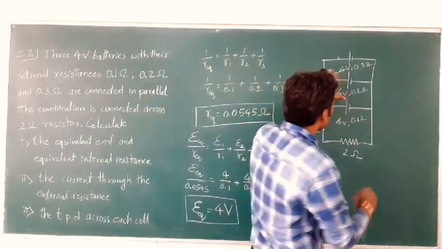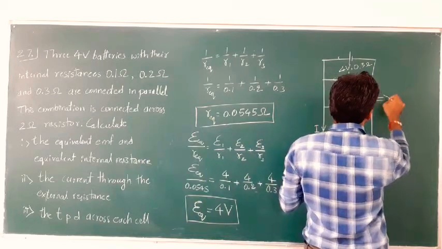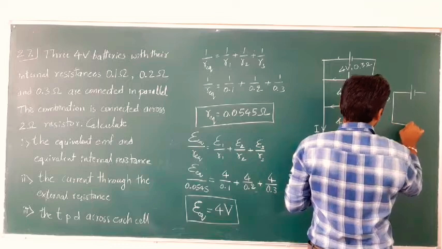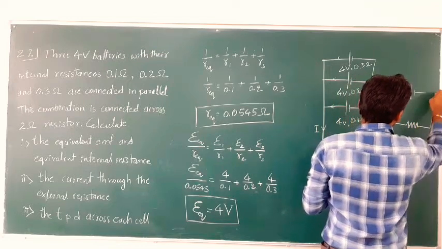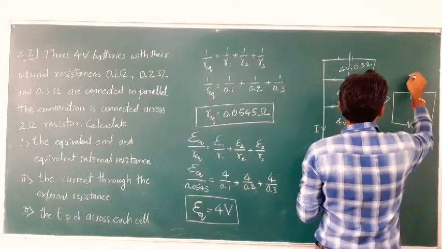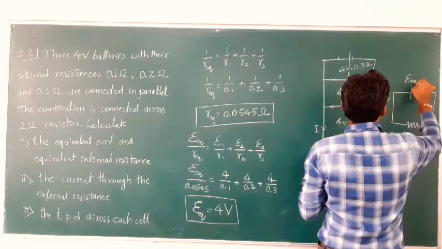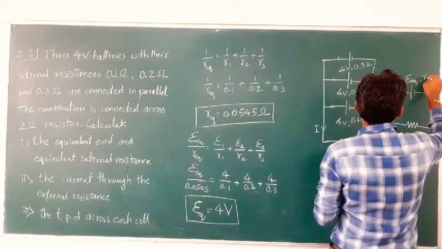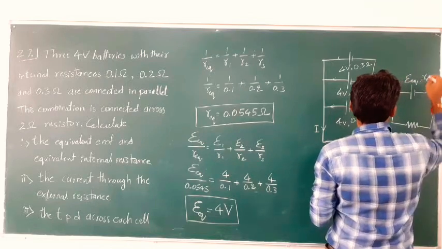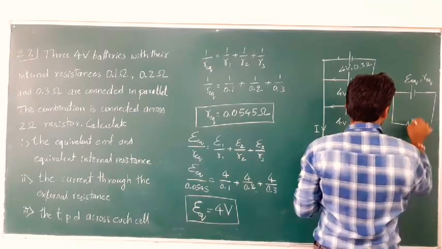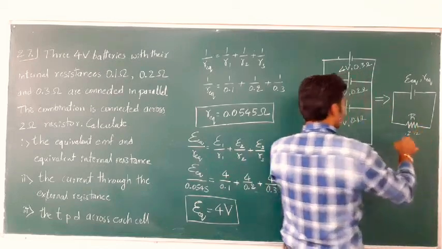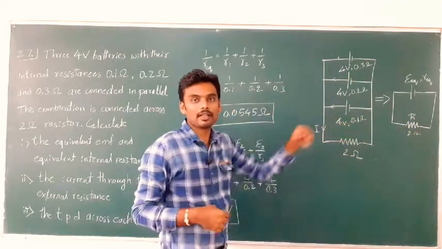So I can redraw this circuit with an equivalent circuit like this. This will have equivalent EMF of E equivalent and equivalent internal resistance of R equivalent, and this is an external resistance R, which is 2 ohm. Okay, this is how the equivalent circuit looks.